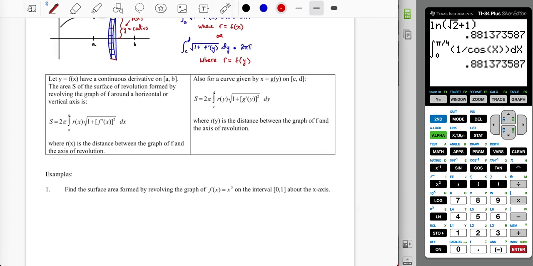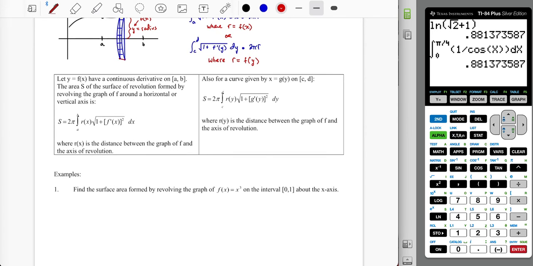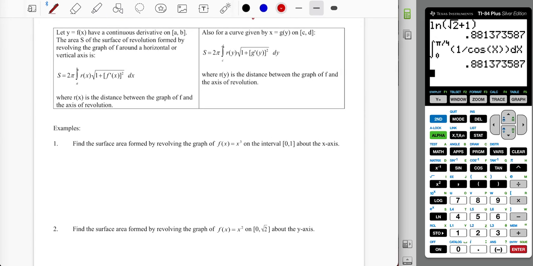So if I want to find the surface area formed by revolving the graph of x cubed on the interval of 0 to 1, first I'll do a quick sketch. The graph normally looks like this, but I only care about the 0 to 1 part of it.